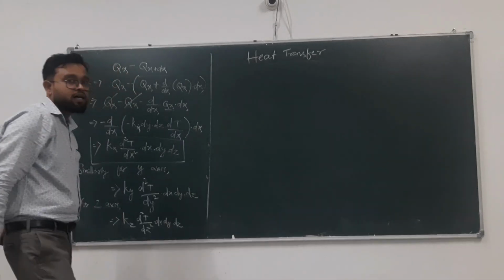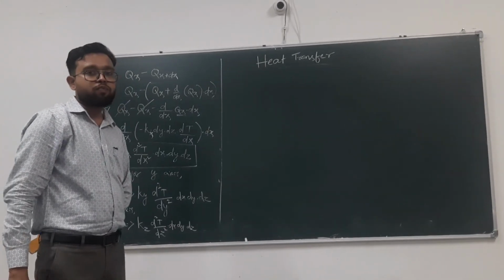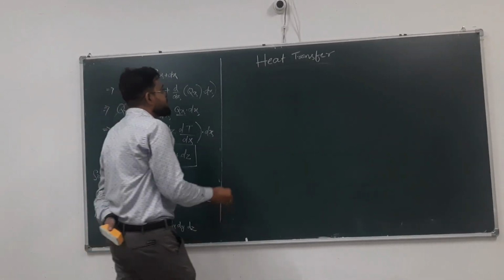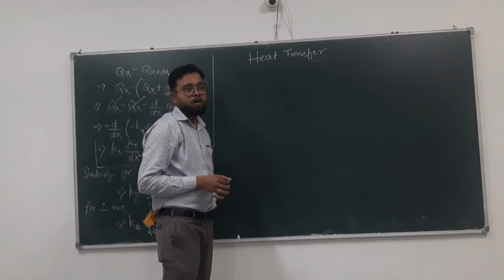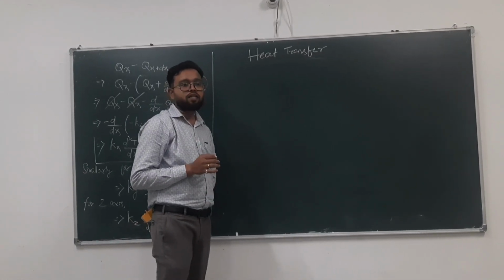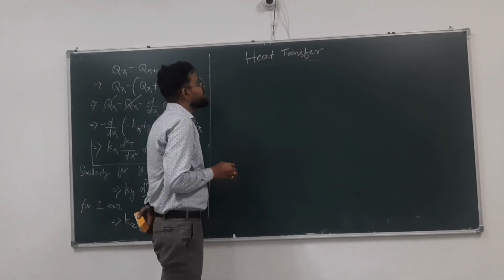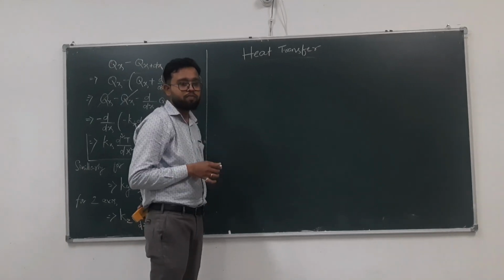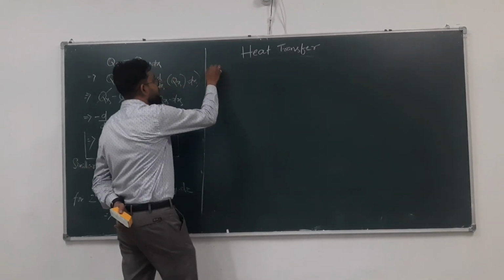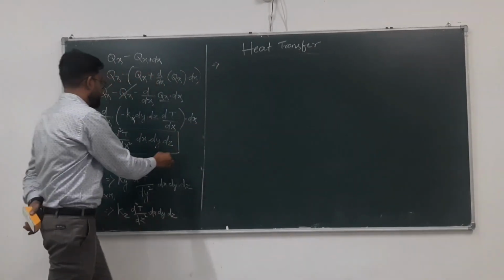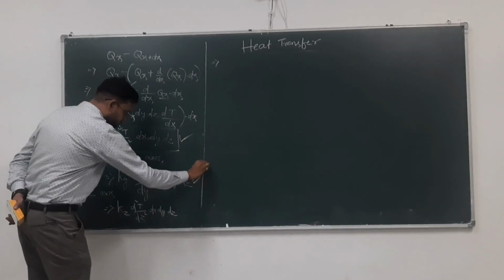The net rate of heat transfer is the addition of the rate of heat transfer in all three directions, which is qx plus qy plus qz. That is the addition of this one and this one.